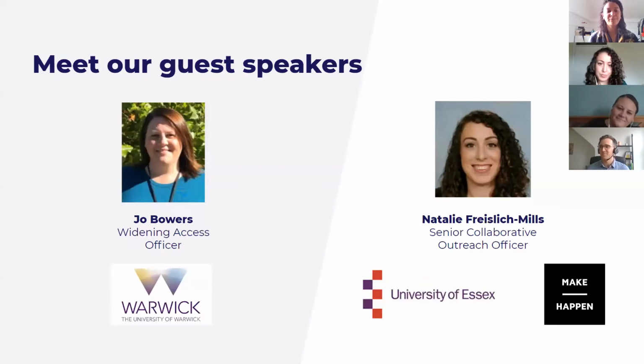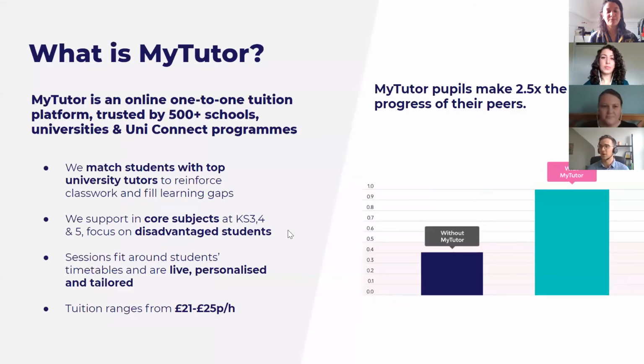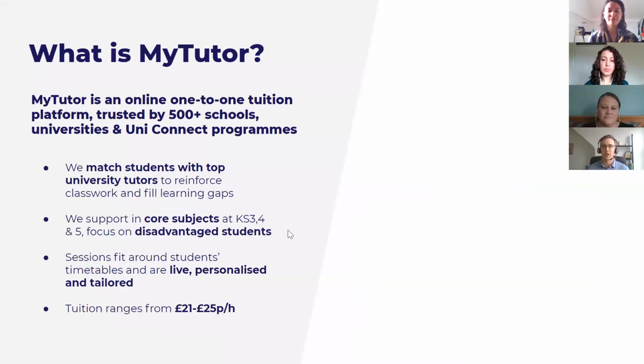Just before we get started, a brief bit on us. If you haven't heard of MyTutor already, we are the leading one-to-one online tuition provider in the UK. We work with about 500 schools, universities, and Uni Connect programs now to open up access to personalised tuition for students who couldn't ordinarily afford it, particularly in places like outreach and the Uni Connect program.